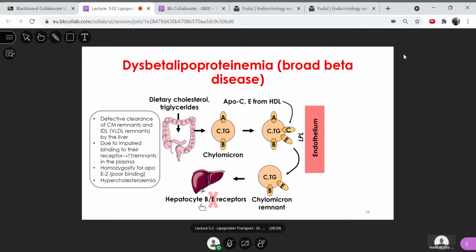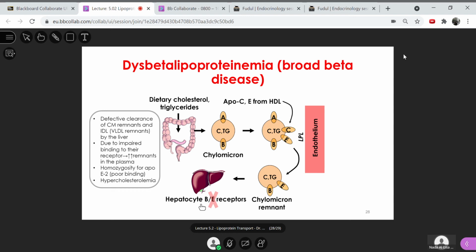Let's just discuss a few isoforms of this ApoE. ApoE has 3 isoforms: E2, the least common, with the poorest binding capacity; E3, more common; and E4. E2 being of the poorest binding capacity, people who are homozygous for ApoE2 show the lowest binding capacity of the remnant particles to their liver receptors.